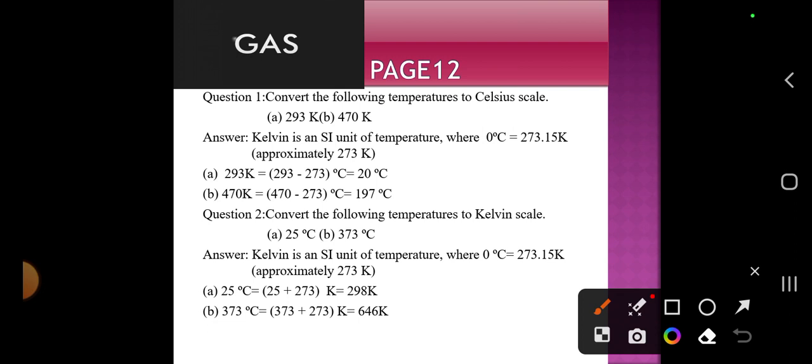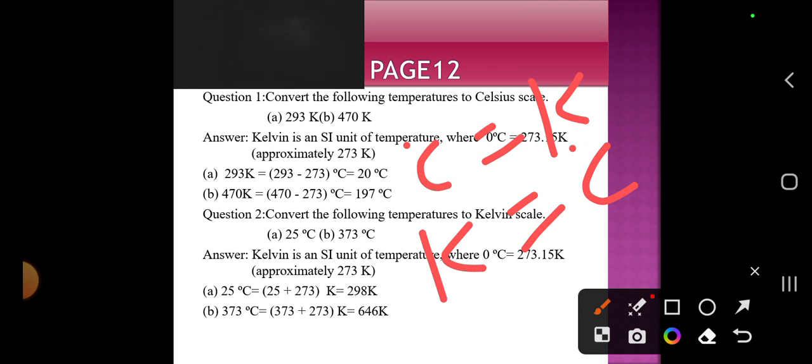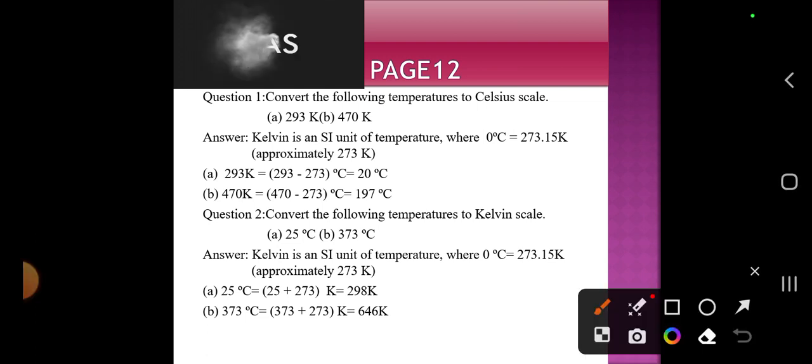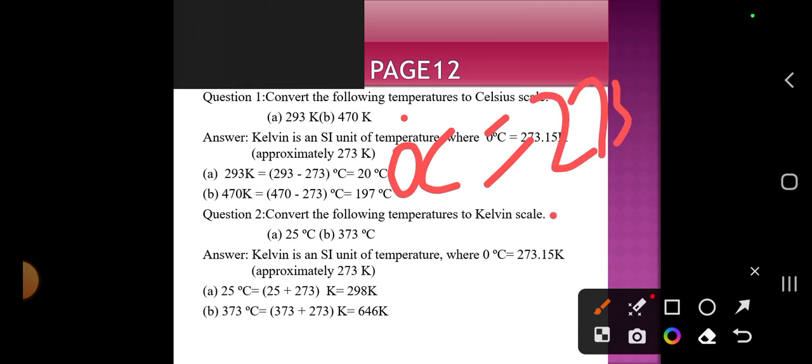Friends, we know that when we want to convert Celsius to Kelvin or Kelvin to Celsius, we have one number: 0 degrees Celsius is equal to 273.15 Kelvin, which is approximately 273.